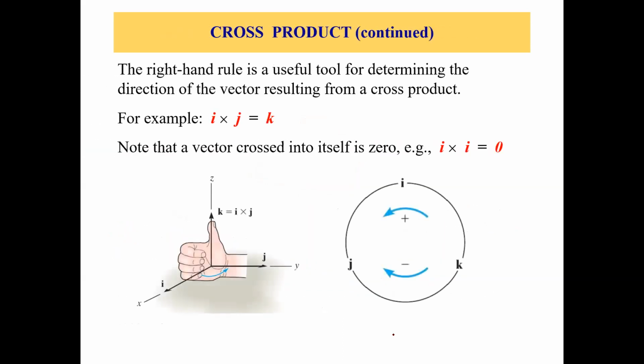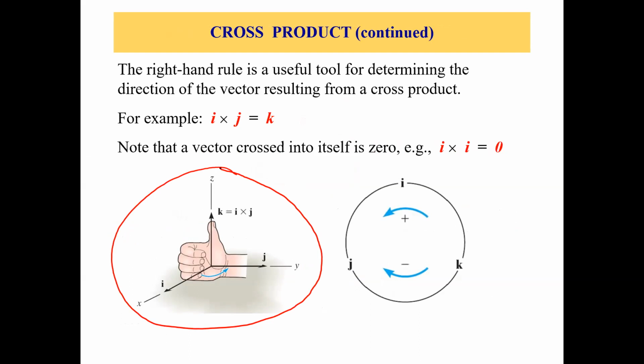Okay, let's move forward. Now we have another important thing, which is called the right-hand rule. The right-hand rule is a useful tool for determining the direction of the vector resulting from a cross product. If you look at this figure here, this shows the right-hand rule.